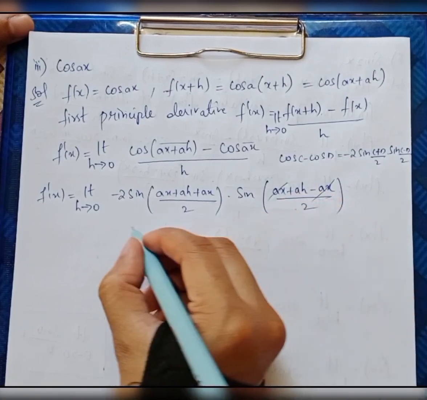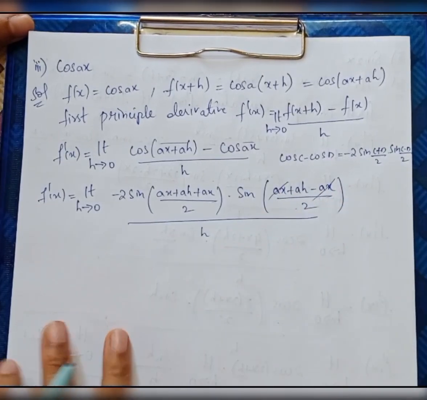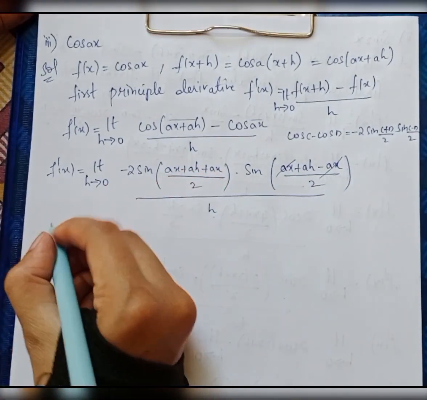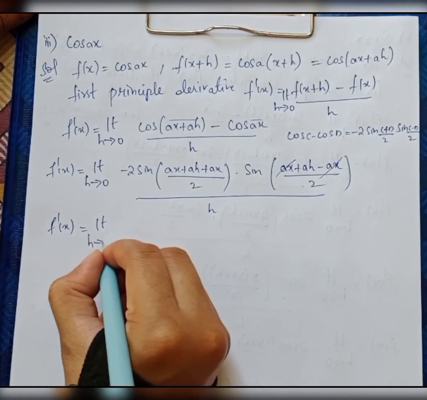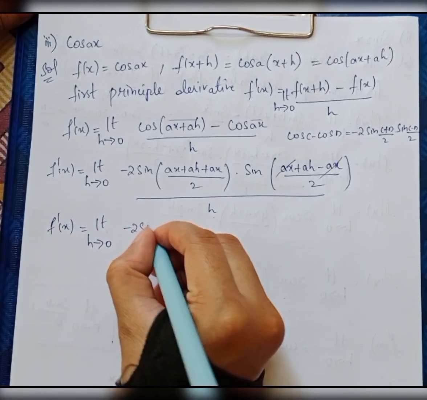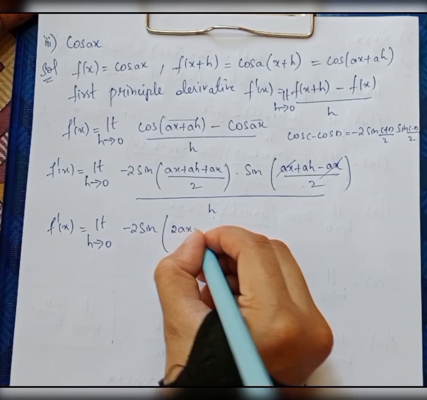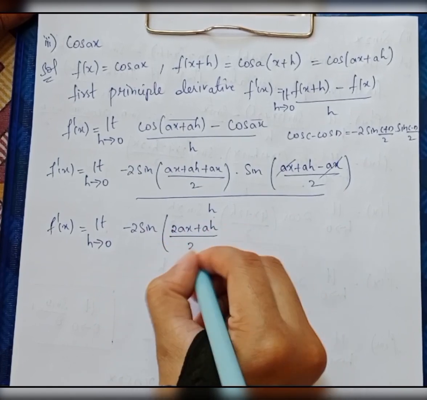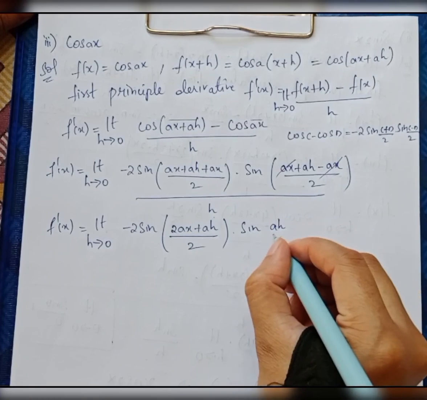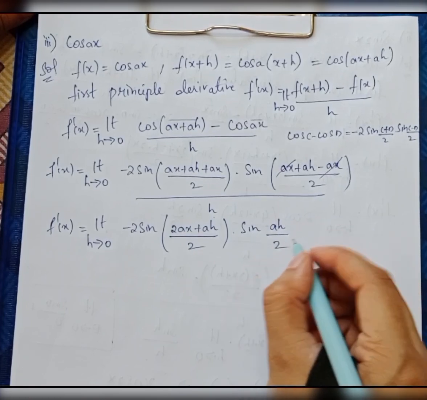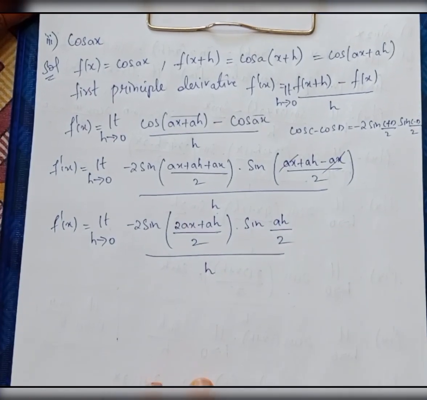Here this 2 gets cancelled, whole by h. Now adding the ax terms, f'(x) equals limit h tends to 0, minus 2 sin((2ax + ah)/2) into sin(ah/2) whole by h.